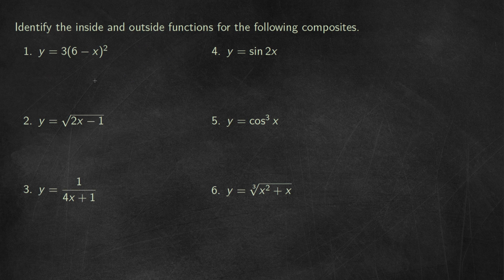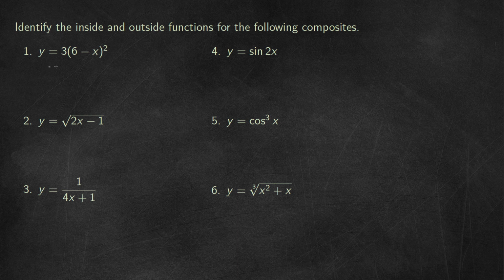For this next set of problems, we're going to identify the inside and outside functions. Number 1, y equals 3 times the quantity (6 minus x) squared. So I'm seeing the 6 minus x as the inside function. That's the stuff that we're squaring.